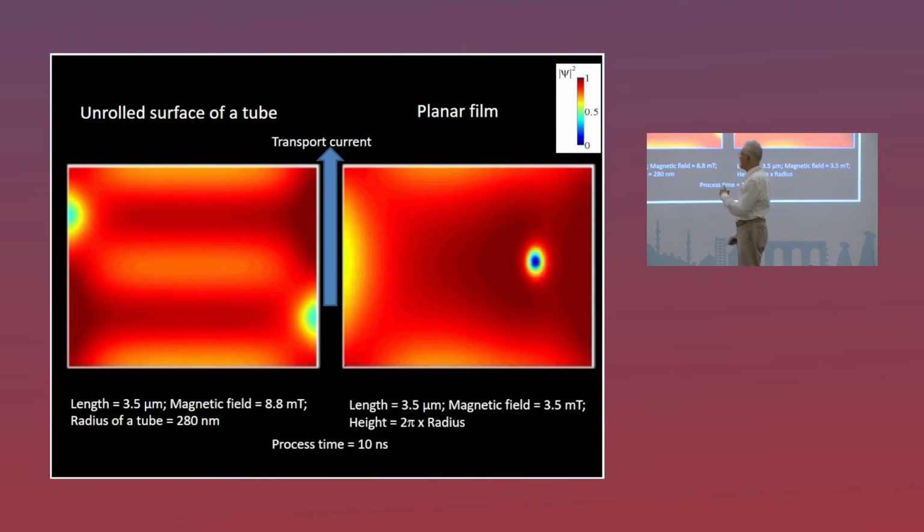And this is a correlated motion. When one vortex is nucleated on one edge in the upper half of the tube, another vortex is nucleated in the lower half of the tube at the opposite edge. And then they move like shown here.